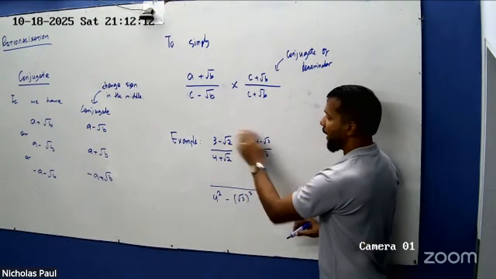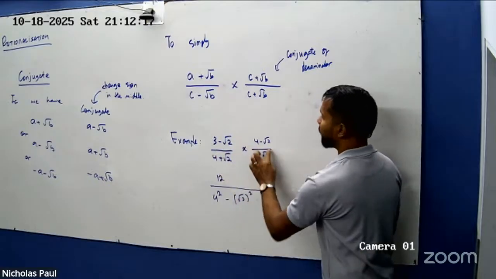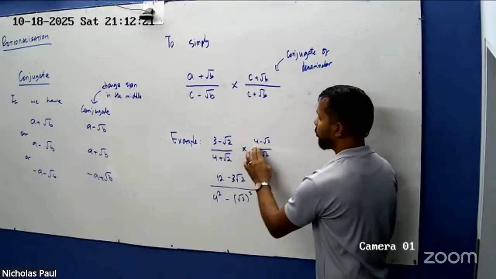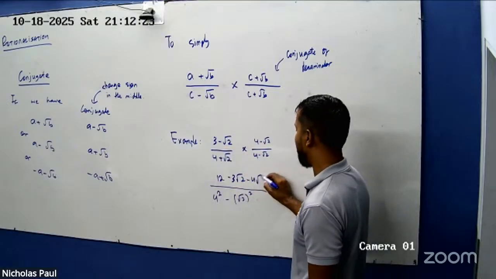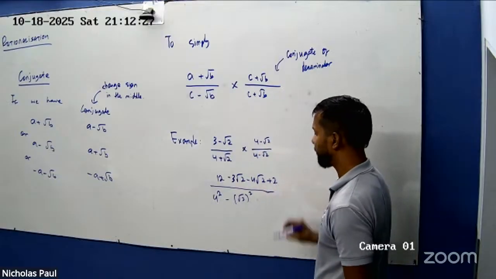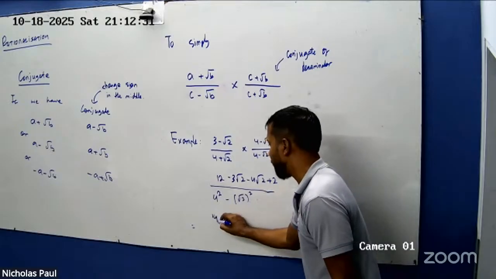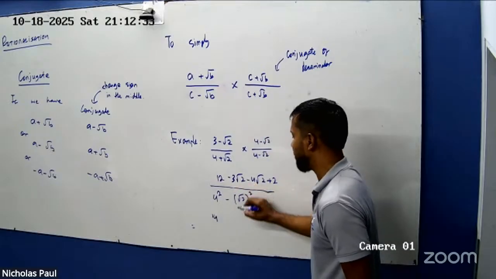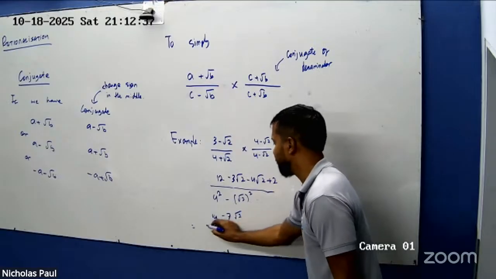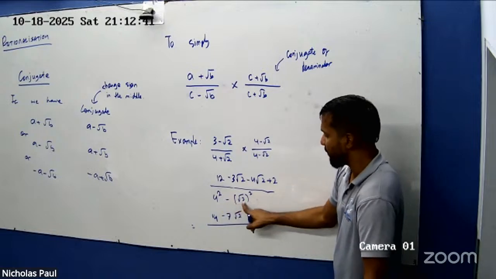And then we have to work on top. 3 by 4 is 12. 3 by minus root 2 is minus 3 root 2. Root 2 by 4 is minus 4 root 2. Root 2 by minus root 2 is minus 2. Then we finish it up here. 12 plus 2, that's 14. Root 2 terms: minus 3 minus 4, minus 7 root 2. 4 squared is 16, minus 2 is 14.